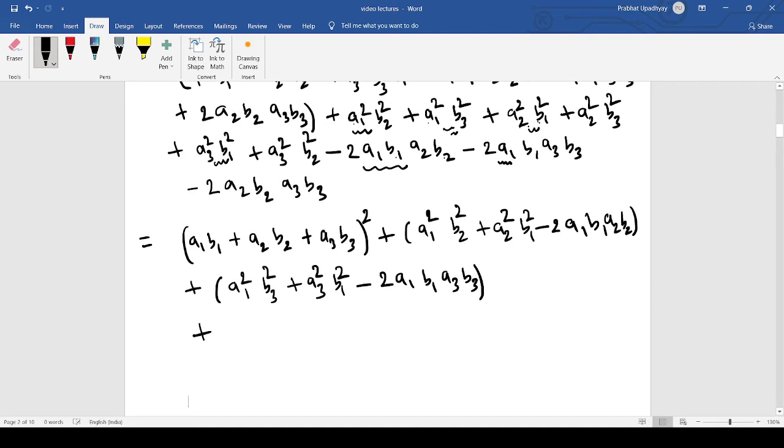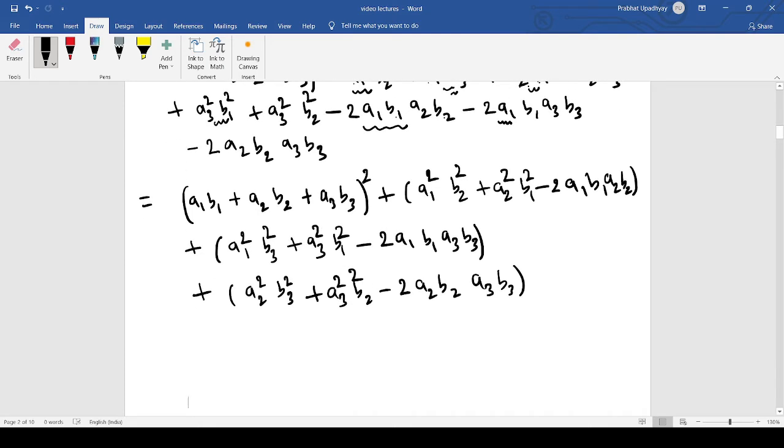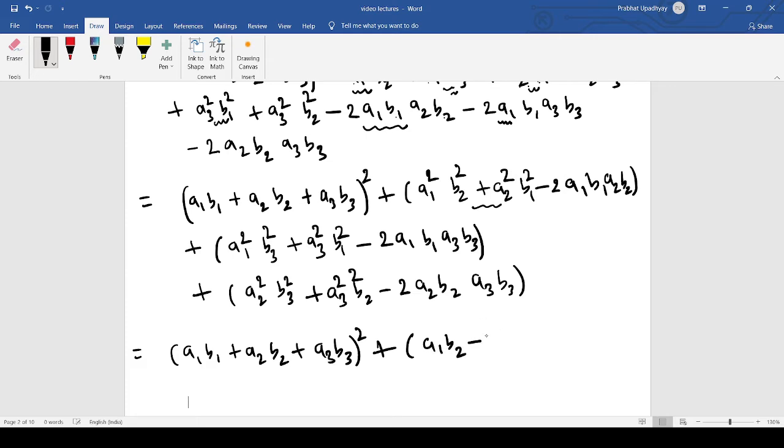Then I remain with this term a2 square b3 square plus this term a3 square b2 square and then minus 2 times a2 b2 a3 b3, and this you can say is equal to square of a1 b1 plus a2 b2 plus a3 b3 plus this term is equal to a1 b2 minus a2 b1 square.